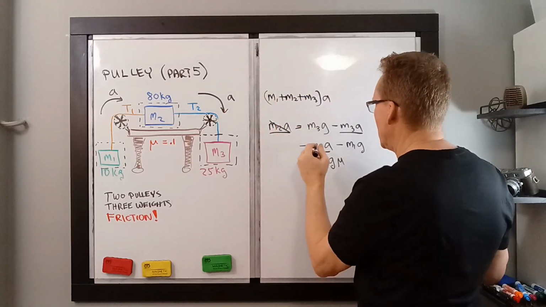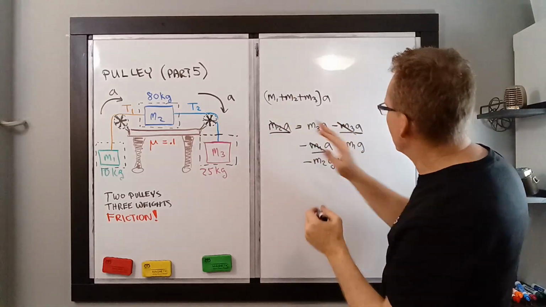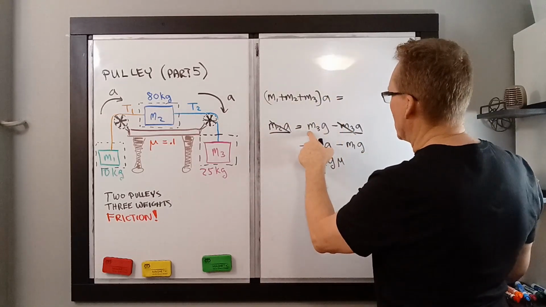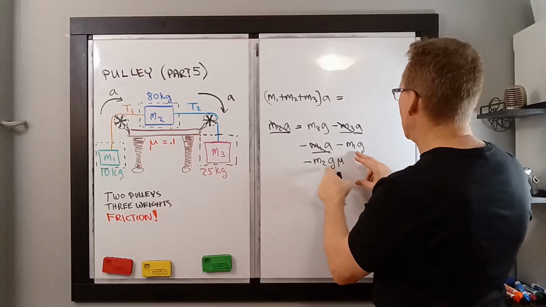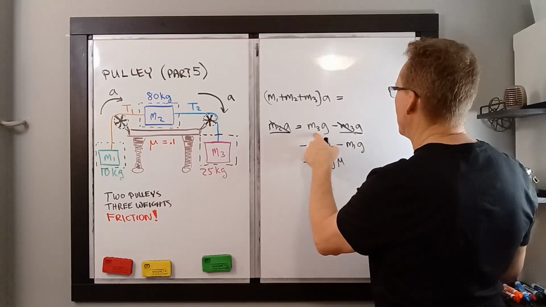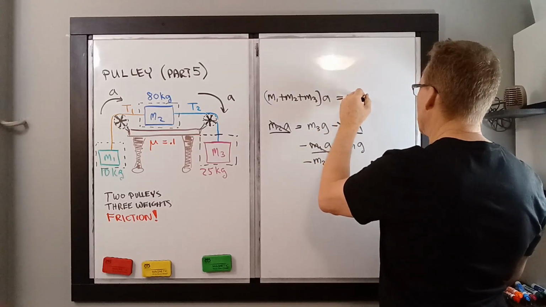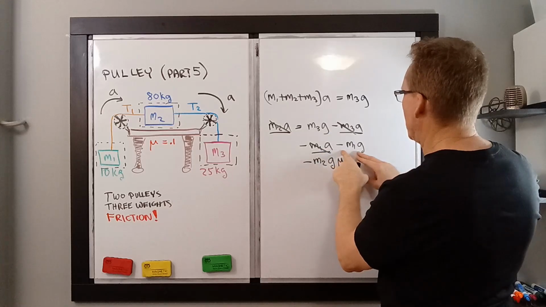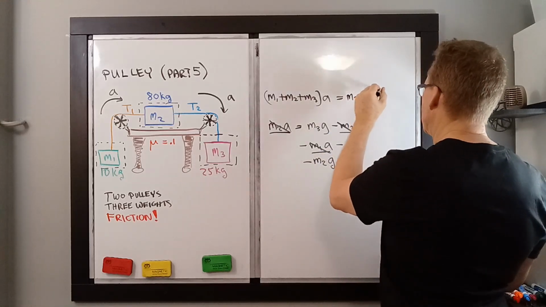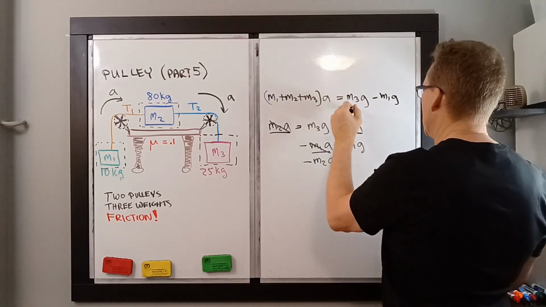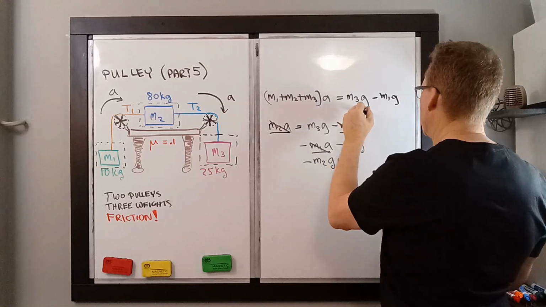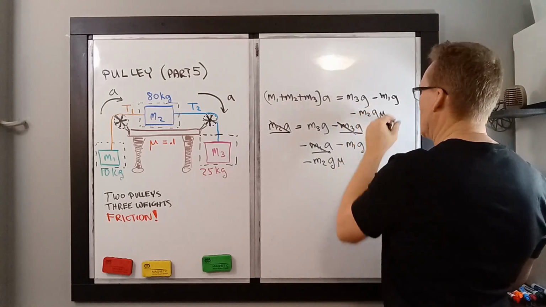That's going to be this term, and this term. I move them all to the left, is going to be equal to all these other terms. What do I put first? m3g. And then I'm going to subtract this one, minus m1g, minus this one, m2g mu.